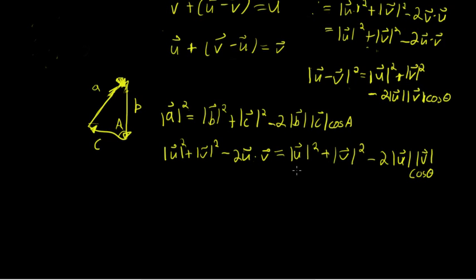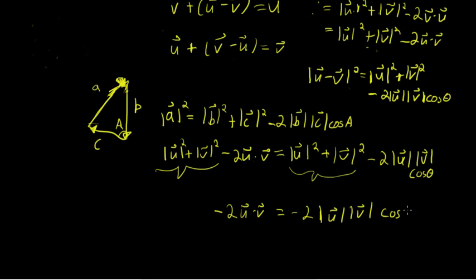So the magnitude of u squared and magnitude of v squared are common to both sides of the equation, so we can get rid of those and we'll have negative 2 u dot v equals negative 2 times the magnitude of u times the magnitude of v times the cosine of theta.